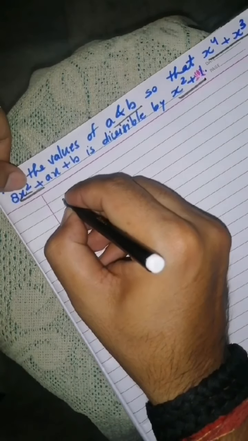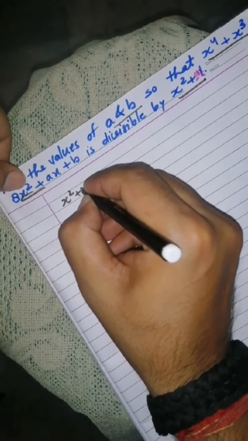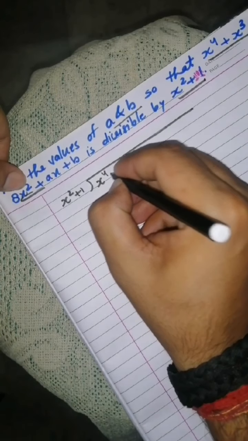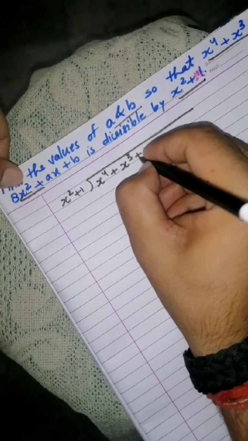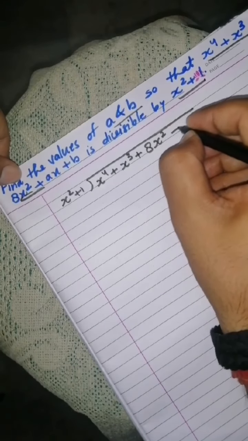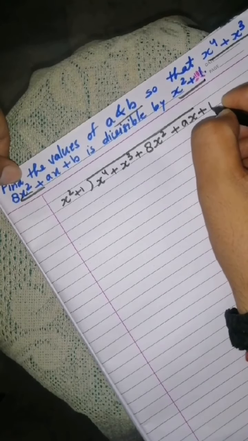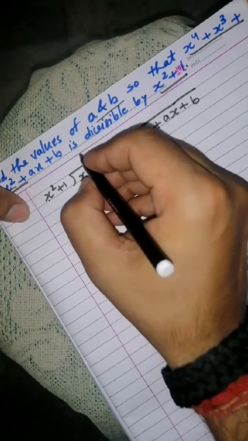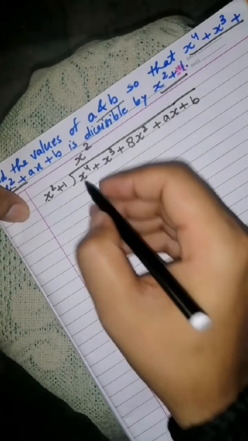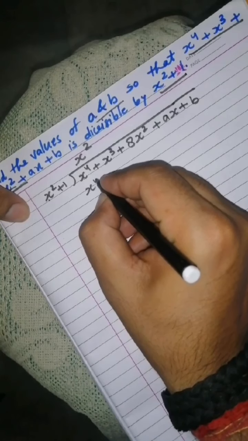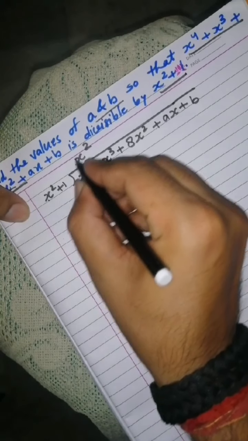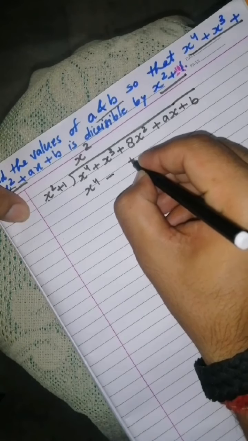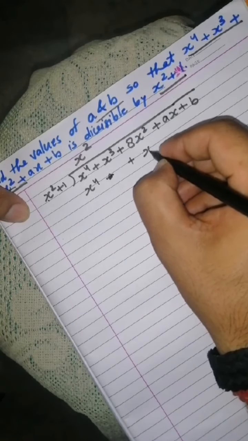So now according to long division method, it is x square plus 1, and here x to the power 4 plus x to the power 3 plus 8x square plus ax plus b. Now you can see it is x square, it is x to the power 4, so multiply by x to the power 2, it will be x to the power 4 plus, here you can see x square multiply by 1, so it will be x square, so we have to write that below, x square.